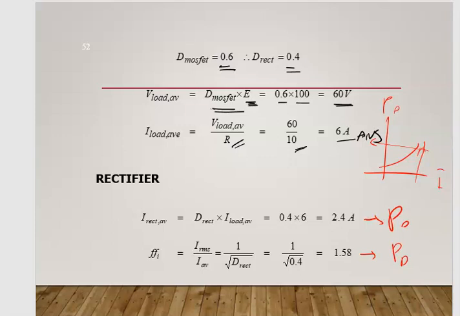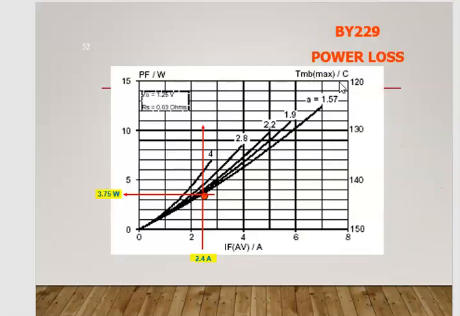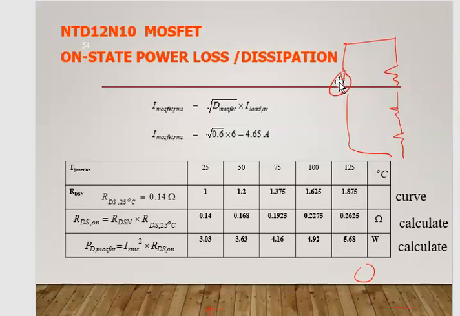Your RMS current for the MOSFET will be the square root of the MOSFET duty cycle times the average current. So we have here 0.6 times 6 ampere just now. This is the value of your RMS current passing through your MOSFET: 4.65 ampere.